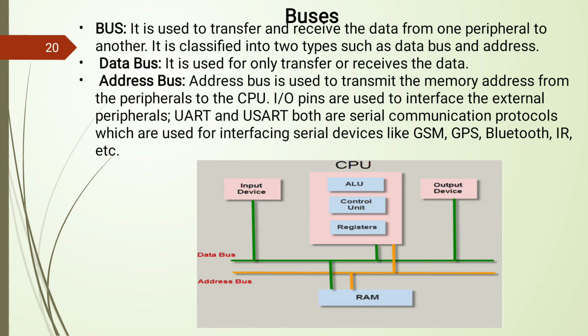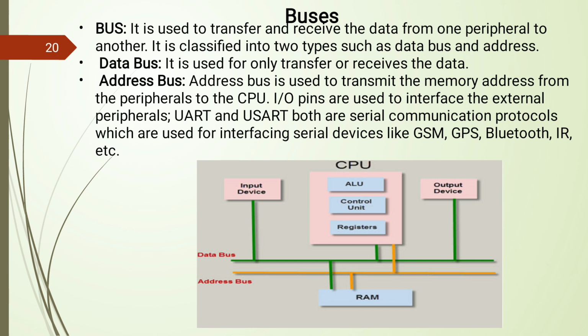After that, we see the various buses. Buses are most important. A bus is used to transfer data from one location or section to another location. Buses are important to transfer contents from the CPU to various memory locations, or from the CPU to peripherals, or vice versa.